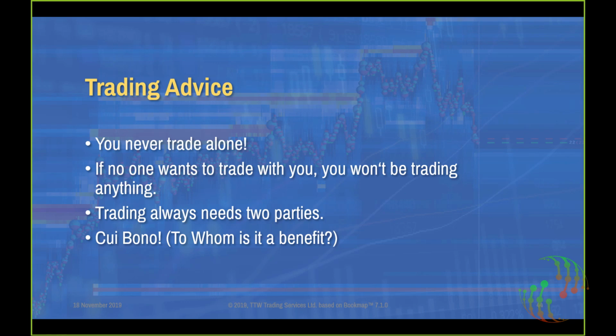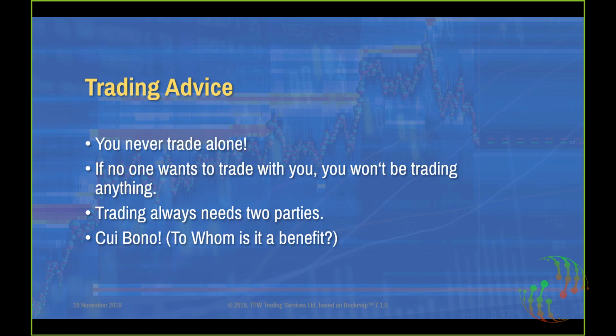I think few well-informed people know that and maybe make their fortune out of the information they got. So think about cui bono, to whom is it a benefit when I'm trading?